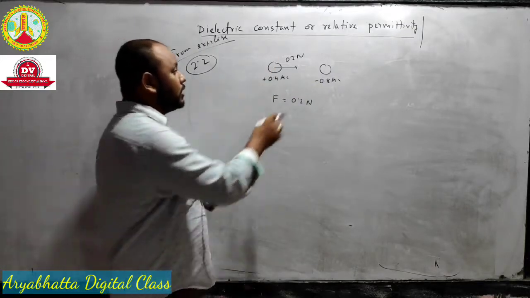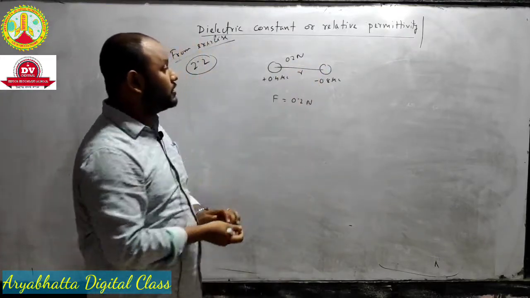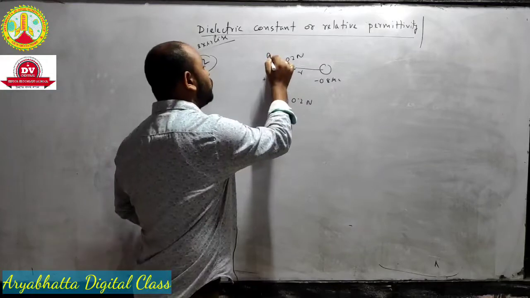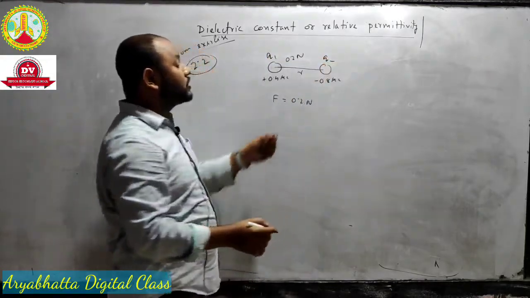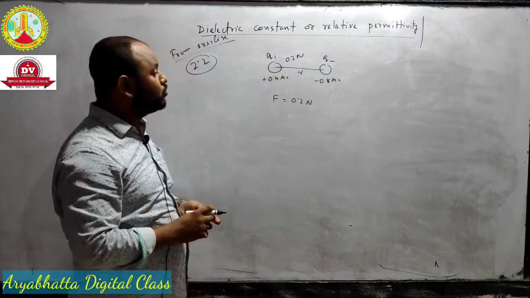That means these are the two charge spheres at a separation R. Suppose this is Q1 and this is Q2. This Q2 will attract Q1 with a force of 0.2 Newton.